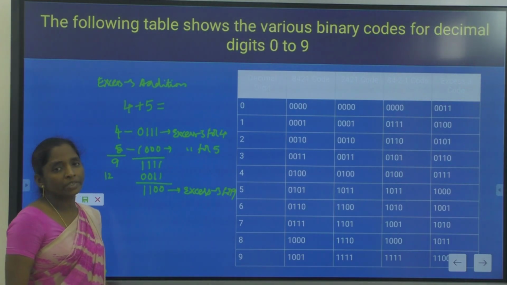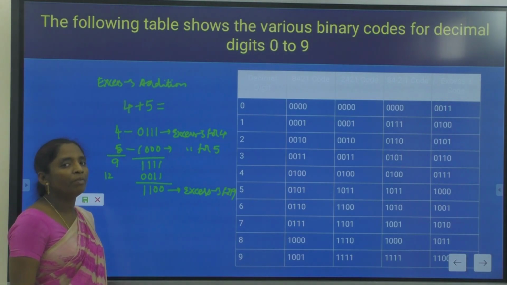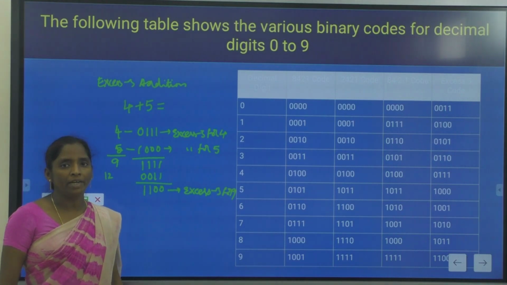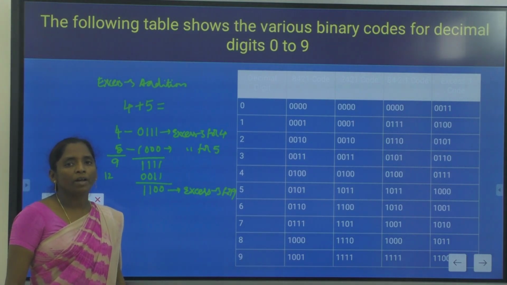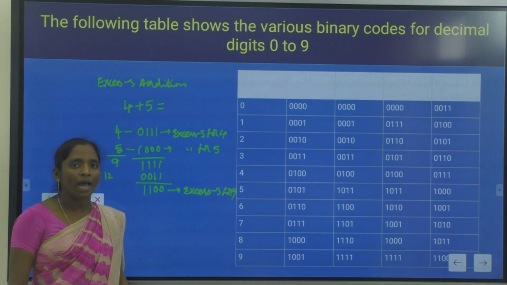Now we are going to see the x3 subtraction. To perform the x3 subtraction, first complement the subtrahend and add the complemented subtrahend to the minuend. If you get carry, the result is positive. That means carry is 1, the result is positive. So add 3 to the result.